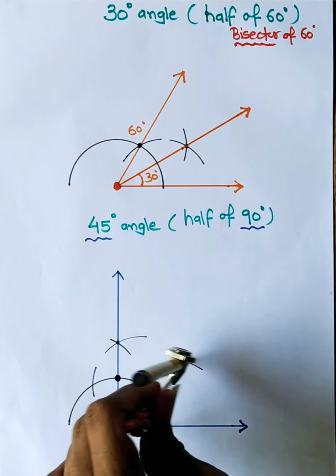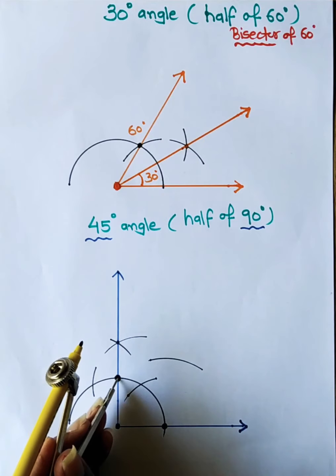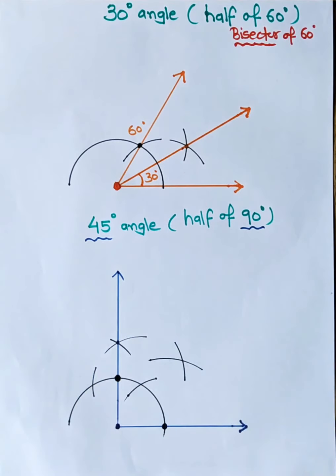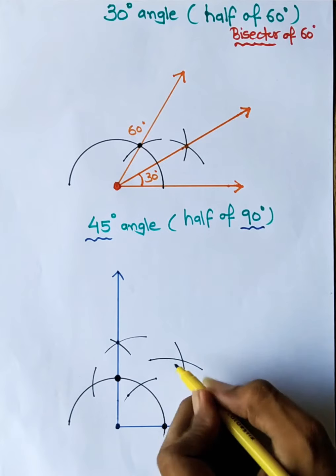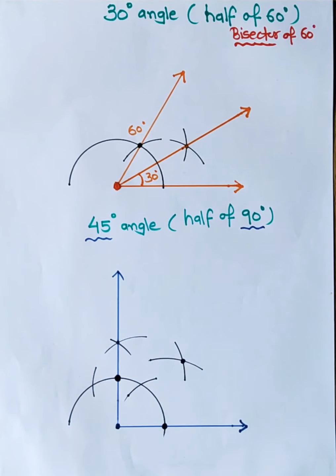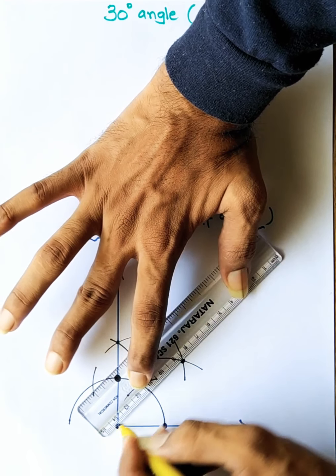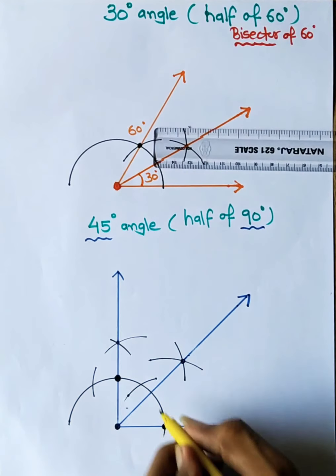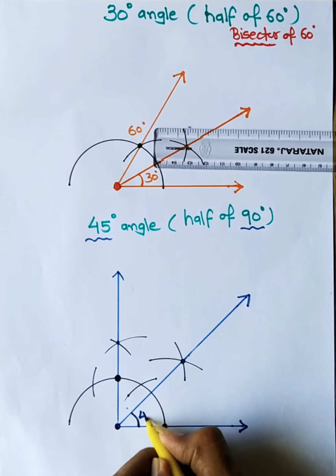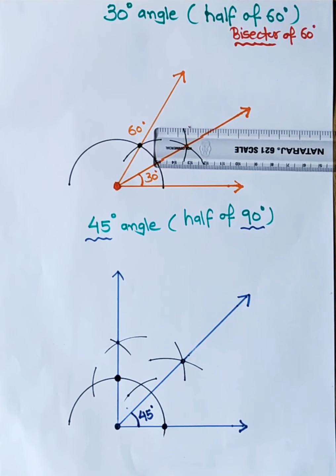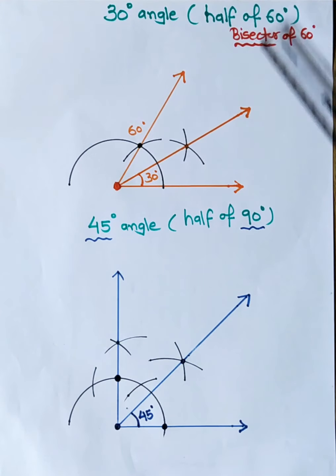Now one arc from here and one arc from here, that will give me a point which is exactly in between, so that I can join this vertex to this point, and this angle is 45 degree. Clear? So this is how I have drawn the bisector of 90 degree, that is half of 90 degree, that is 45.